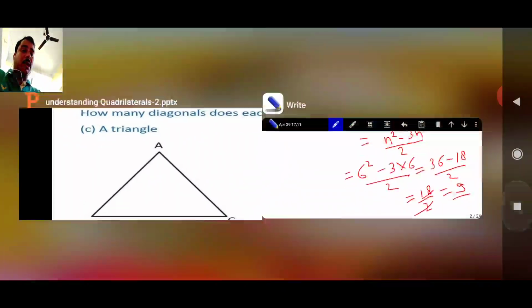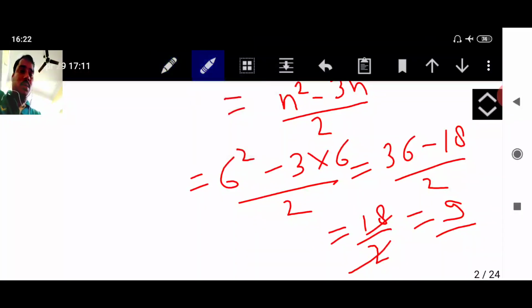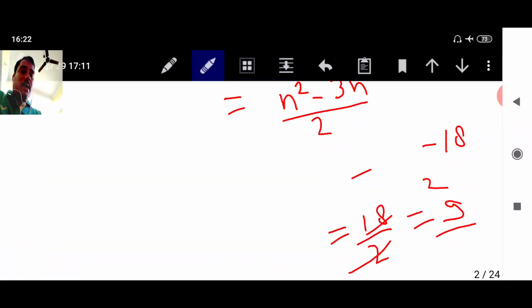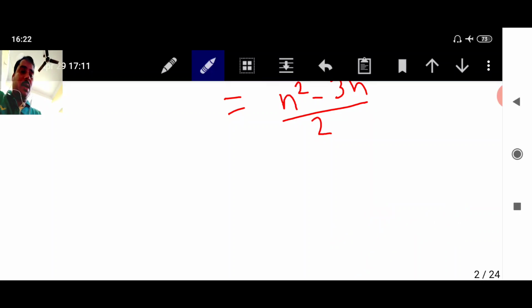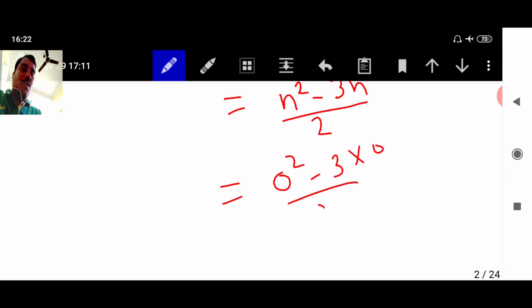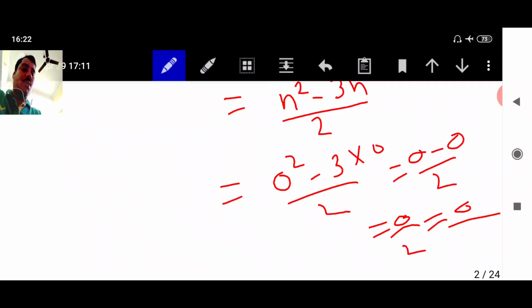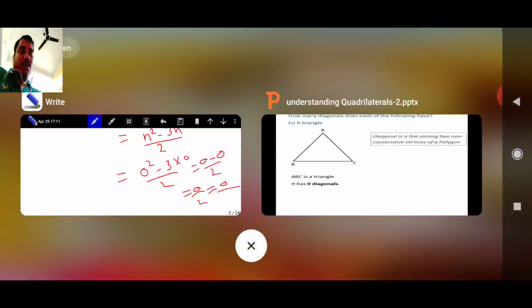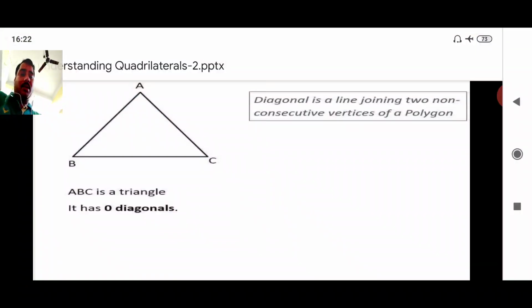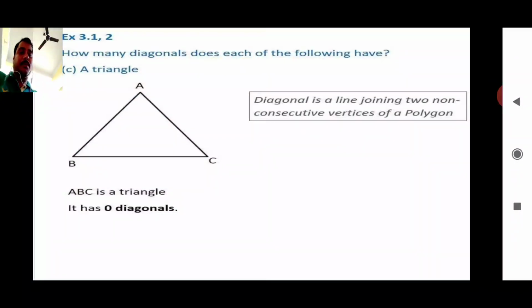Okay, because if you put n equal to 3 in the formula, you obtain 3 square minus 3 into 3 by 2, which is 9 minus 9 by 2, means 0 by 2 equal to 0. How many diagonals? 0 diagonals. In a triangle there are no diagonals. Okay.